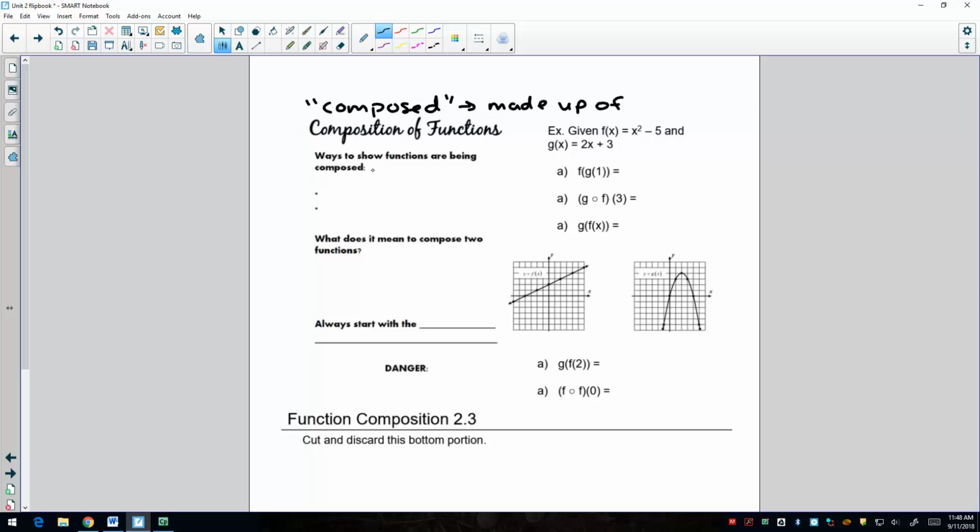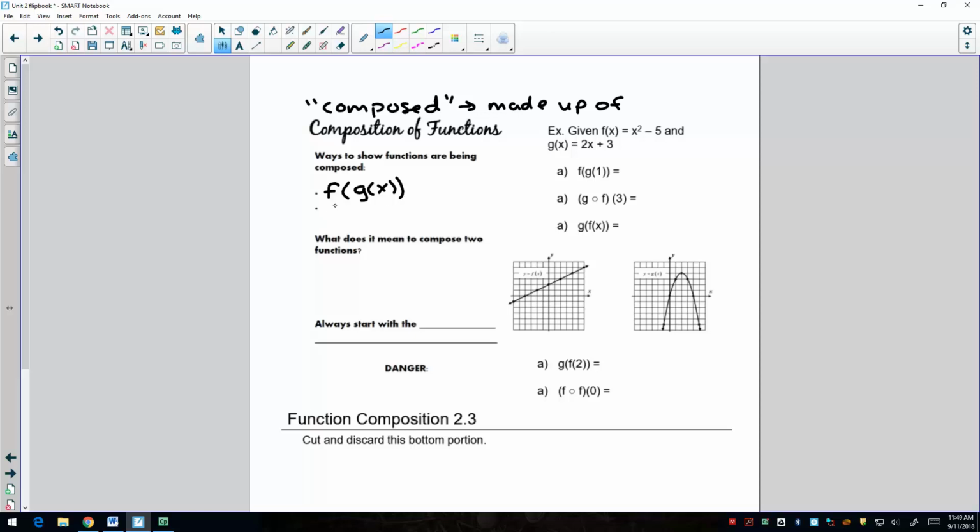Okay, so there are a couple ways to show that functions are being composed of each other, and the most popular way is with parentheses. The two most popular letters used to represent functions are F and G, but they could use different letters, like H. I've seen H before, but usually F, G, and H are the three most popular. So they could use parentheses to show a composition of two functions.